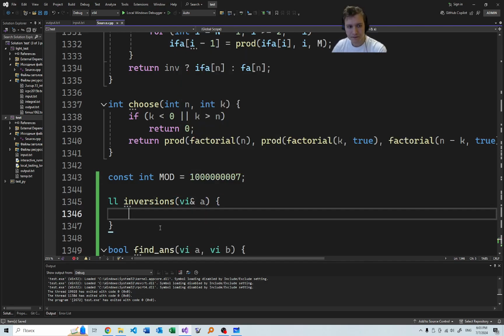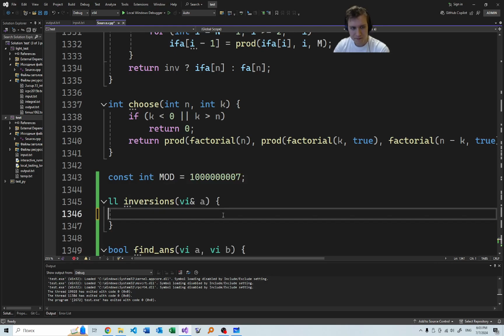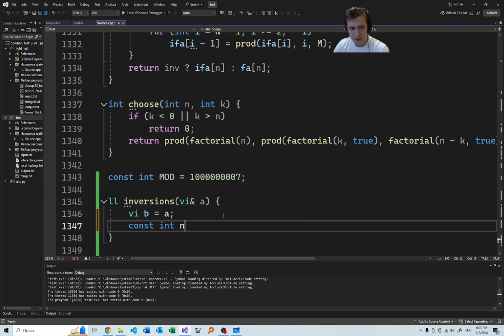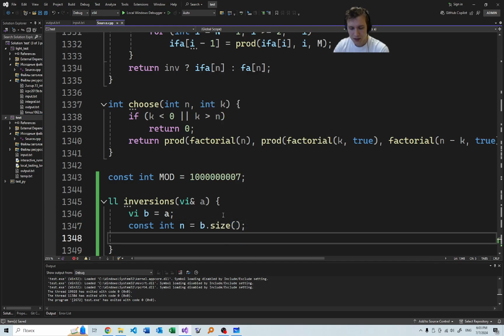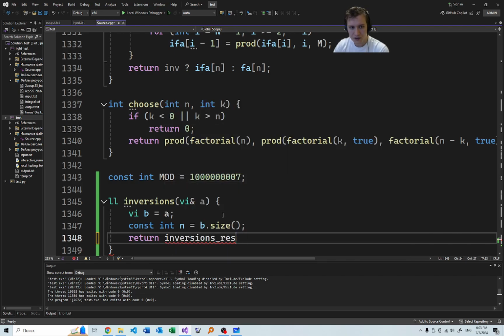What does it do? It runs inversions. First of all, it says vi b equals a, finds its size, and returns inversions recursive of a, b, 0, n.